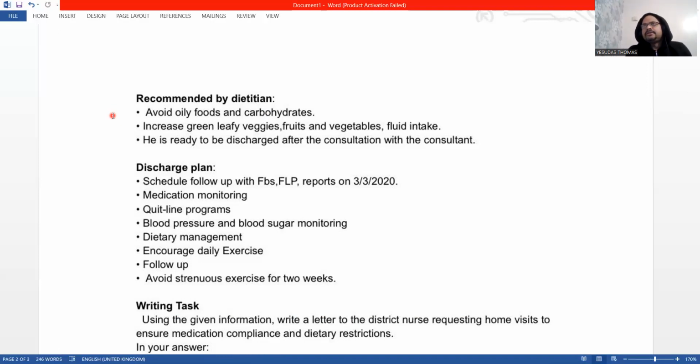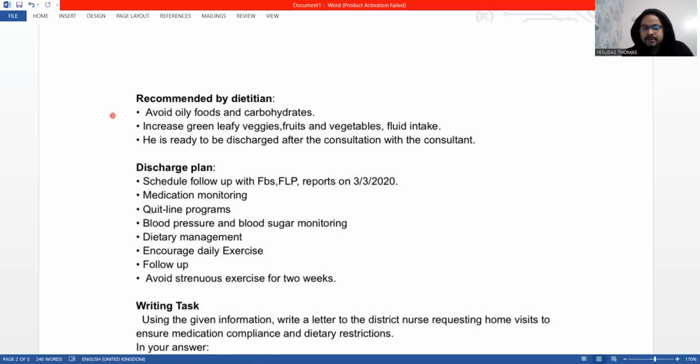So we are writing the letter to the district nurse for two particular reasons. The first thing is to adhere to the medication compliance. We have a list of medicines there, and we have some dietary restrictions here, that is on oily foods and carbohydrates. Apart from that, we have to focus on something else, that because he is a chronic smoker and alcoholic, this also is important here.